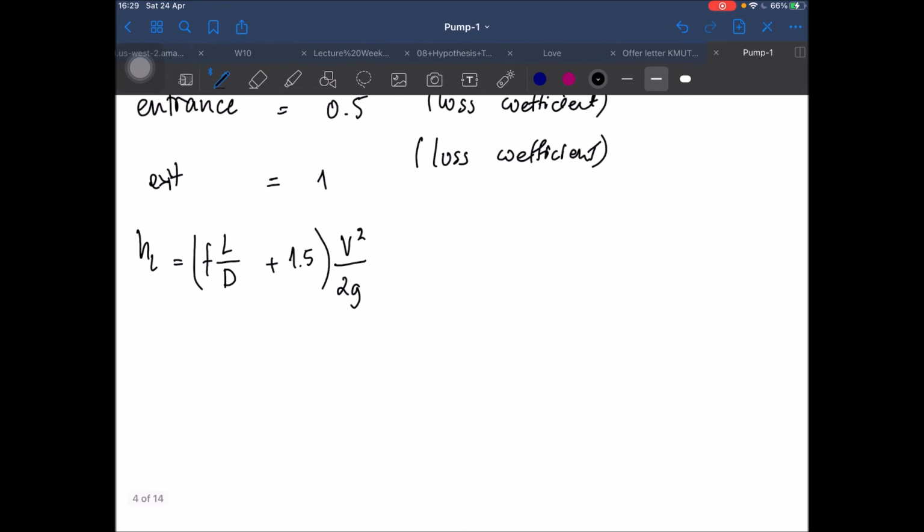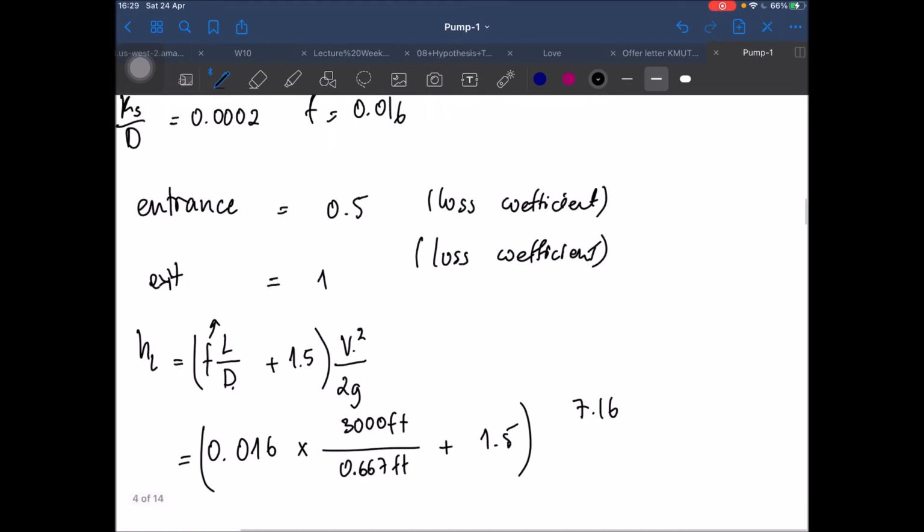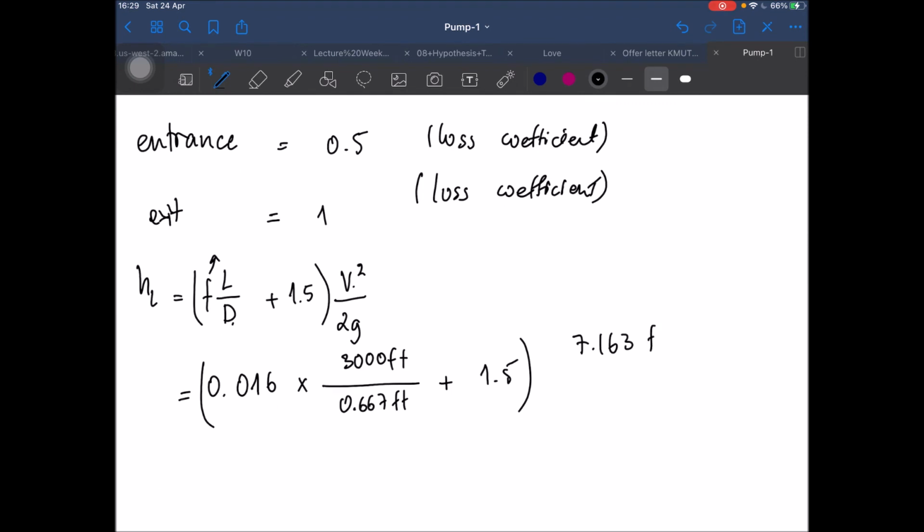So F here is the friction coefficient of the steel pipe, and it is over length, which is over feet, 0.667 feet here as the diameter, plus 1.5, and then bracket. Now we have the V that we found earlier, 7.163 FPS, over 2G.